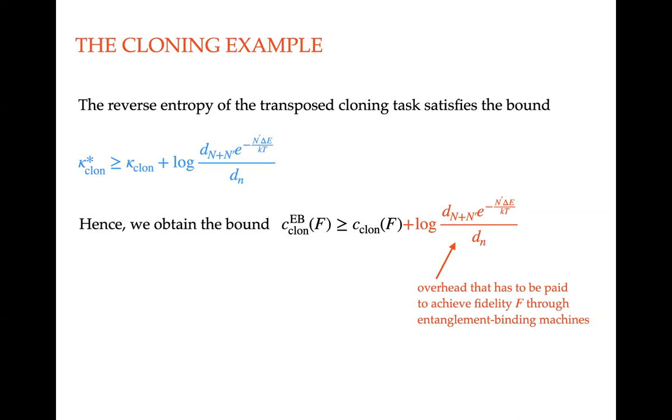So we have a higher cost for all the cloning processes that are constrained to be entanglement binding. And therefore, if you look at it the other way, it means that there is a thermodynamical advantage of using genuine non-entanglement binding processes in doing this task of cloning.